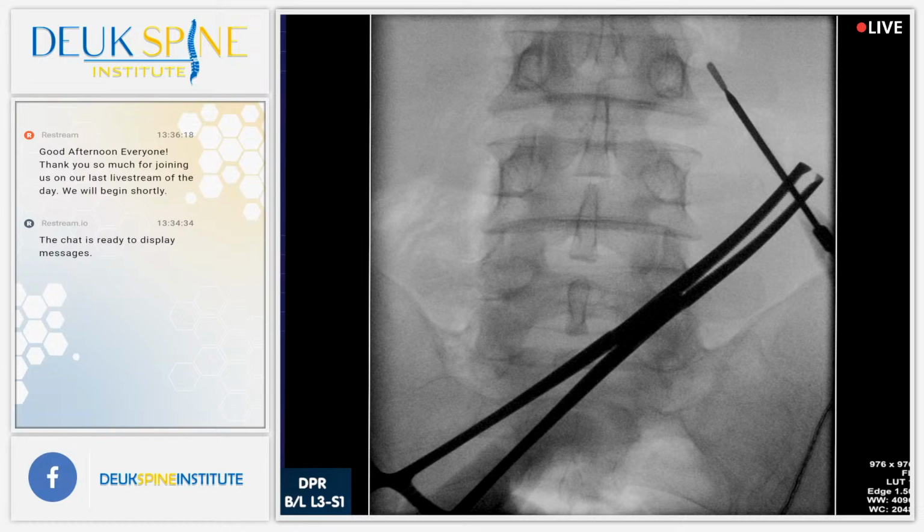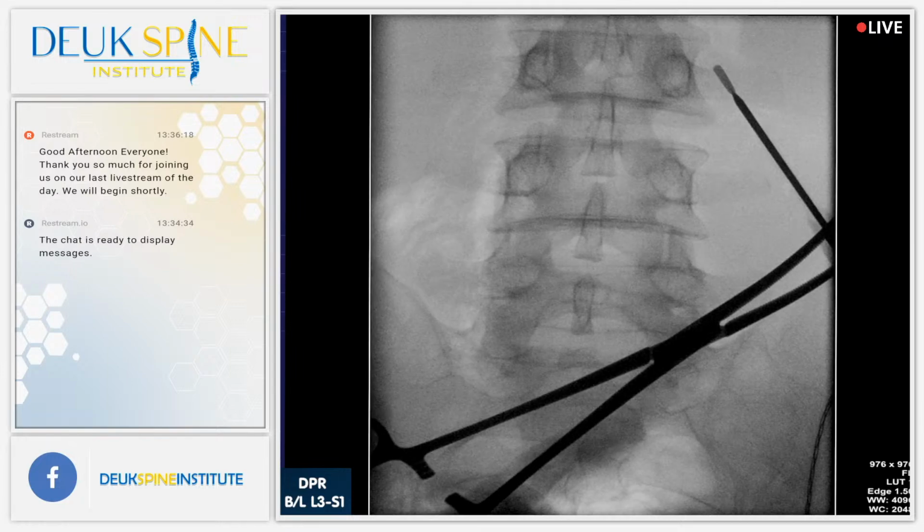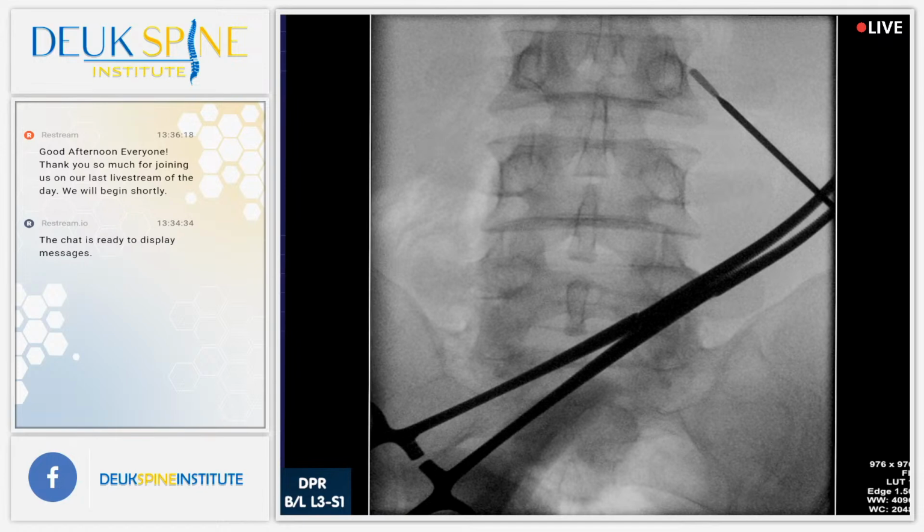Feel the bone. You gotta feel the bone. It's very important. That's the perfect spot right there. That should do it.